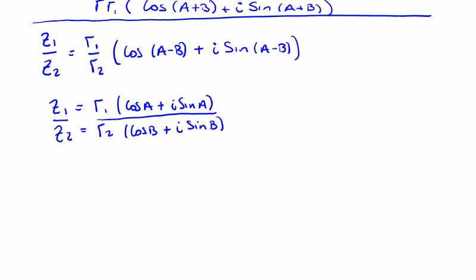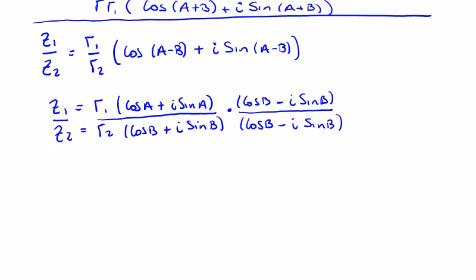So from our knowledge of division of complex numbers, we know that we need to get rid of the complex number on the bottom, so we multiply top and bottom by the conjugate of the bottom, which will be cos b minus i sine b. And obviously multiplying top and bottom by the same thing, we're just multiplying by 1.